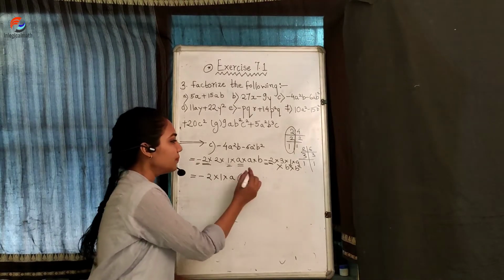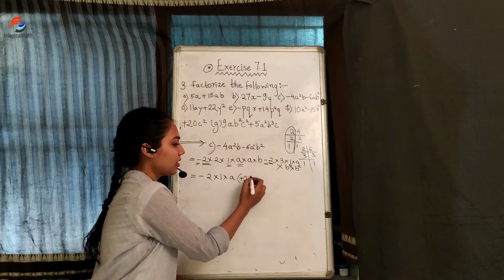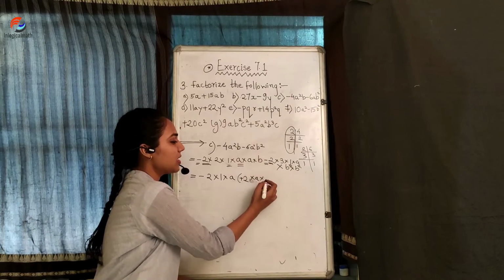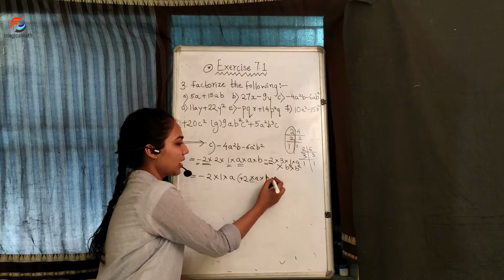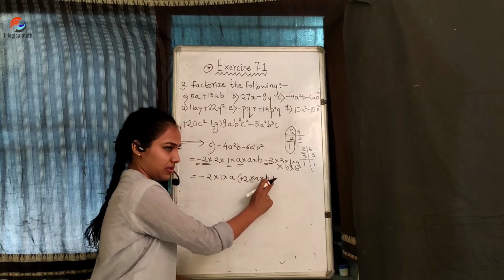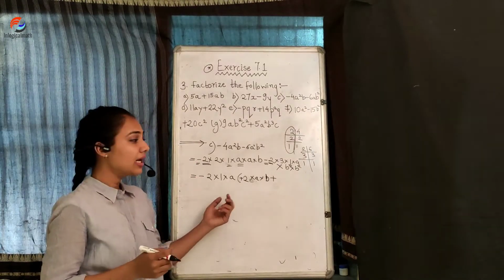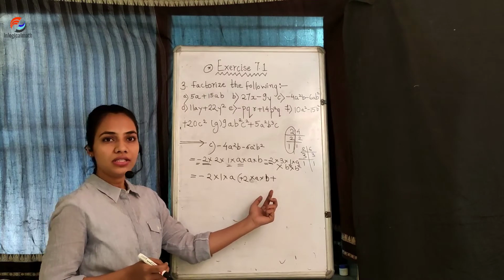Okay, minus is taken out, so here what will remain? Plus. So 2a, what is remain? B. Okay, and then minus is common, then what will appear here? Plus. Because whenever minus is taken out of the bracket, the inside sign always changes.